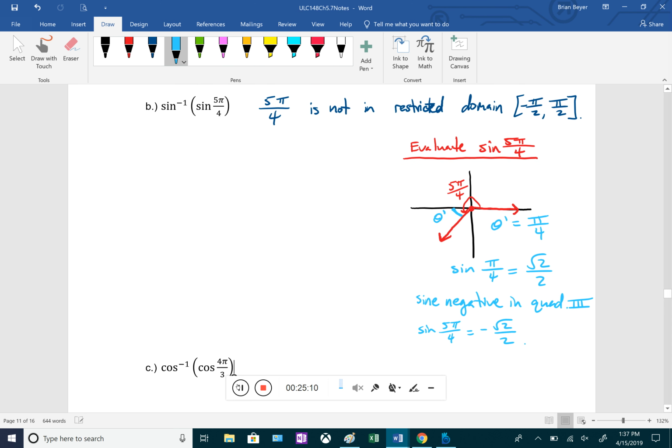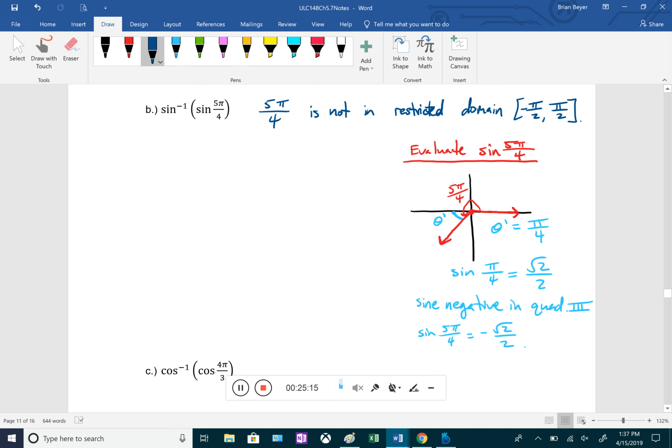Okay, so that means we go all the way back up to the original question. Instead of sine of 5 pi over 4, we just figured out that was negative radical 2 over 2, so we plug that back in there. And now we can look this up on the table for sine.